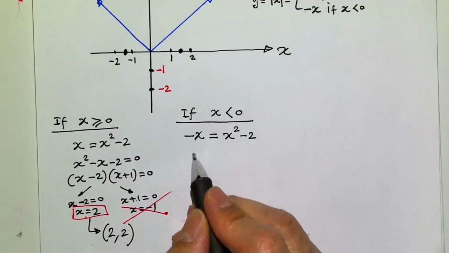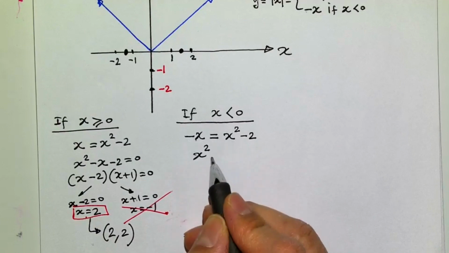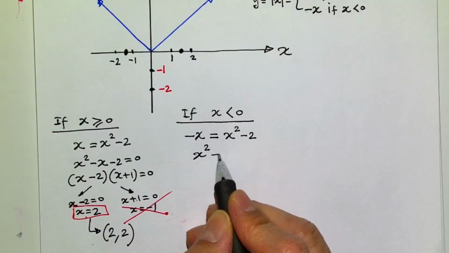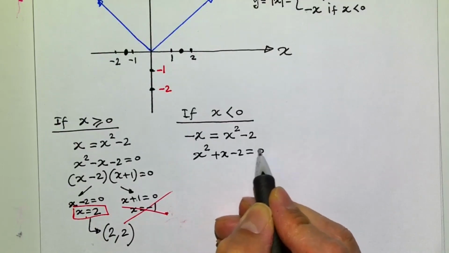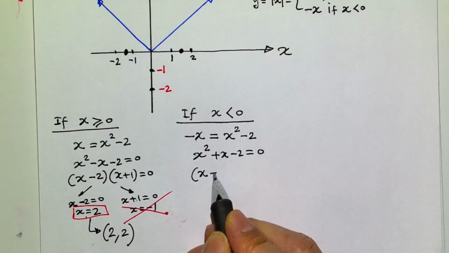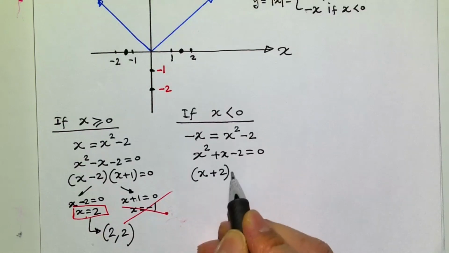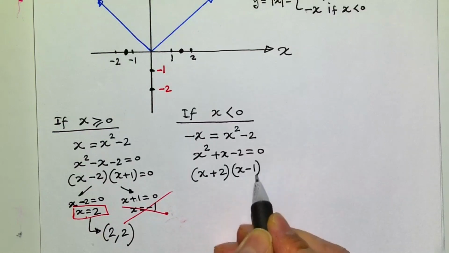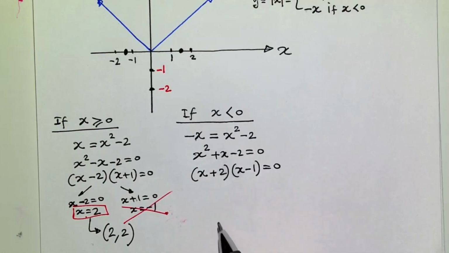So once again, we solve this: x squared, move everything to one side, and we have plus x minus 2 equals 0, and then x plus 2 times x minus 1 equals 0. That's just a factorization of that.